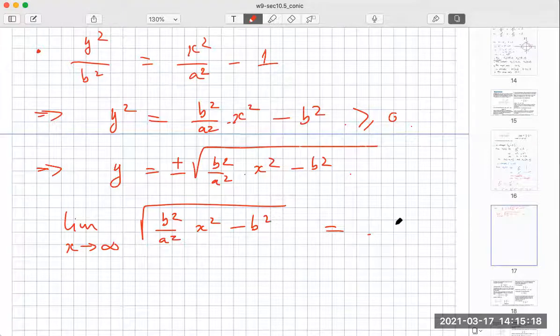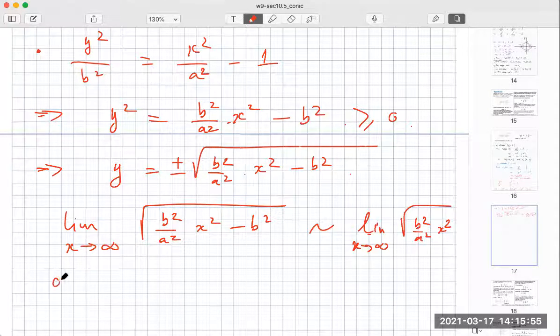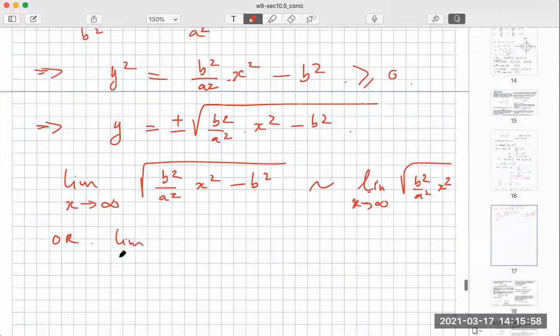When x goes to infinity, this limit is similar to the limit where this constant here we can neglect, right? So it will be replaced by b squared over a squared x squared, or the limit as x goes to infinity of b over a times x.